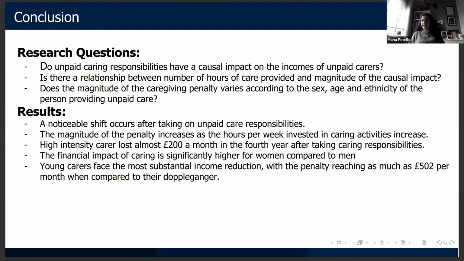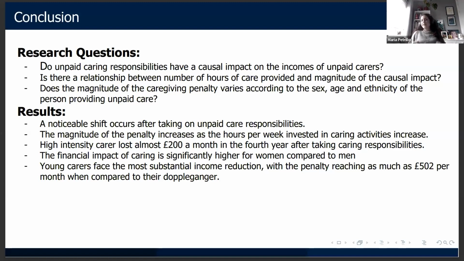The second question is, is there a relationship between the number of hours of care provided and the magnitude of the caregiving income penalty? Well, yes, there is. The magnitude of the penalty increases as the hours per week invested in caring activities increase.